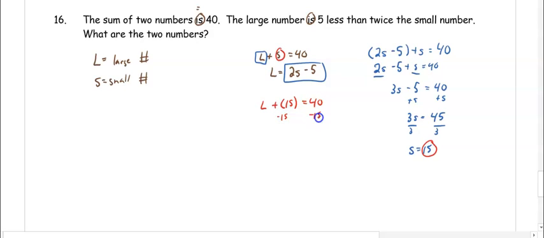We can subtract 15 from both sides, so L equals 25. So our ordered pair is going to be 25 comma 15. So the large number is 25 and the small number is 15.